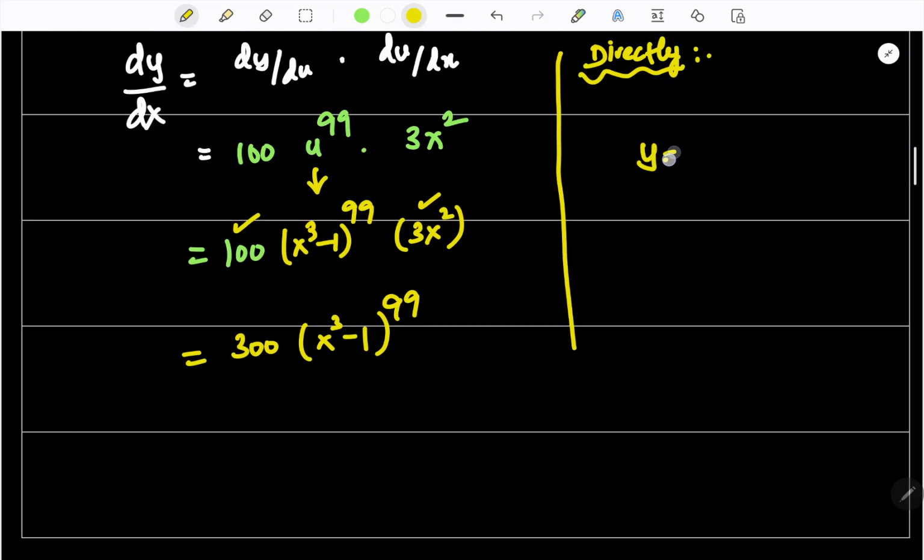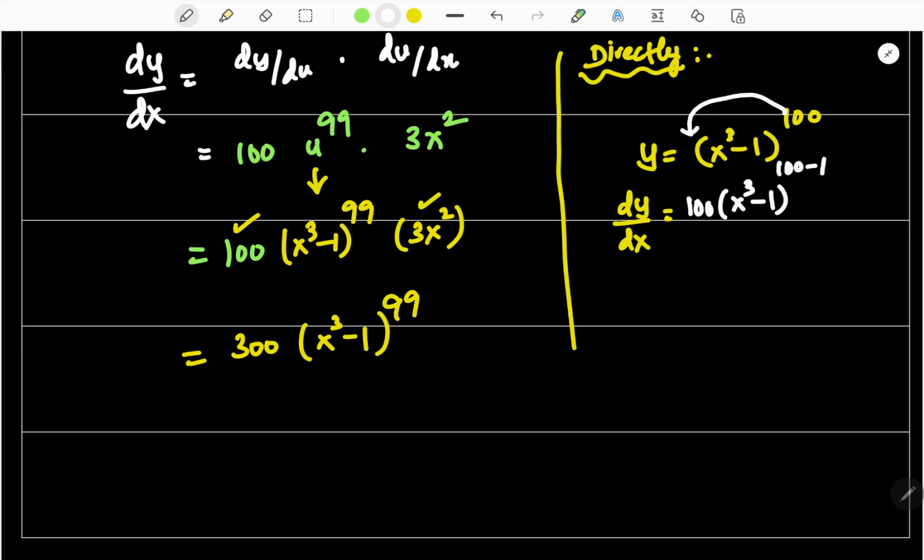So y equals (x to the power of 3 minus 1) to the power of 100. Okay. So what is your dy by dx? Yes. First you apply the power rule. What is the power rule? 100 (x cube minus 1) to the power 100 minus 1. After that, derivative inside. What is x cube derivative? 3x square. What is minus 1 derivative? 0.